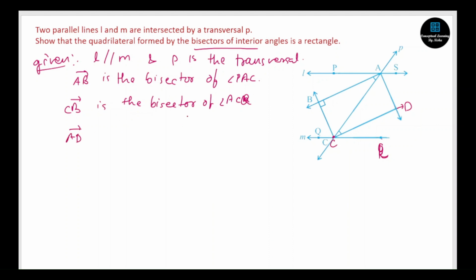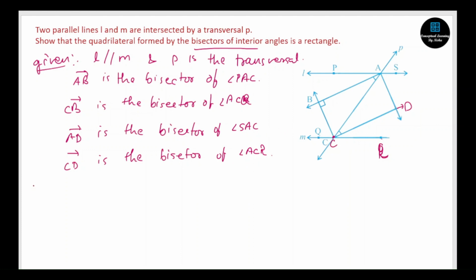We are given all four bisectors, so we have to write all of them. And one more, CD is the bisector of angle ACR. Now after writing this, almost half of the question is done.